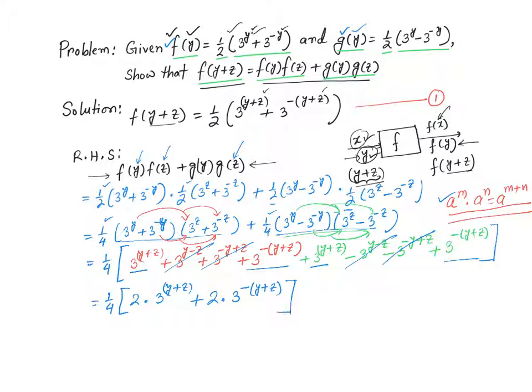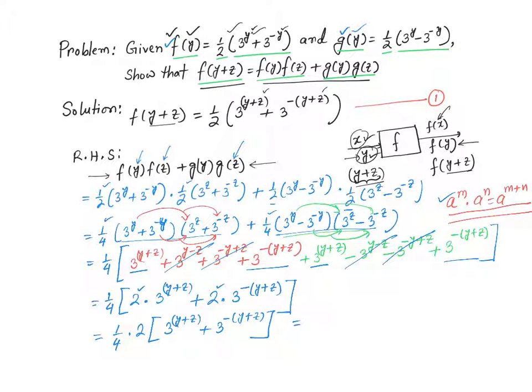Now let me close this square bracket. Now the rest is pretty straightforward. There is a 2 here and a 2 here. I can factor it out, so it's going to give me 1/4 times 2 times the square bracket of 3 to the power y plus z plus 3 to the power negative y plus z.